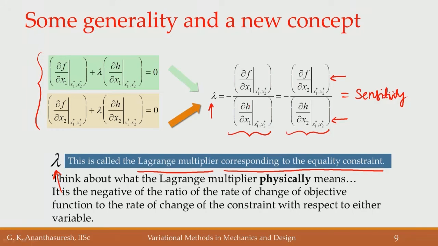When you have more variables, the same trend continues, right. It is a sensitivity, it is the negative of the ratio of the rate of change of the objective function with respect to a variable compared to the rate of change of the constraint. That is what a Lagrange multiplier is, a very important concept.